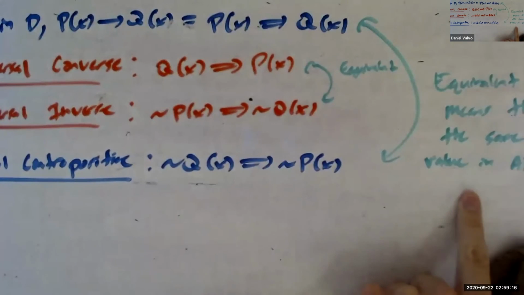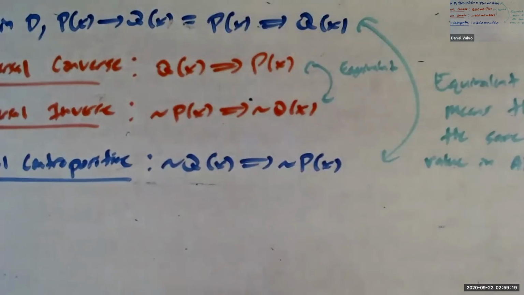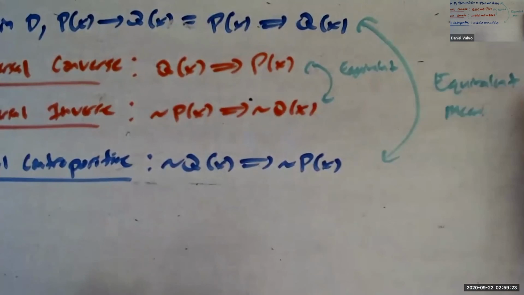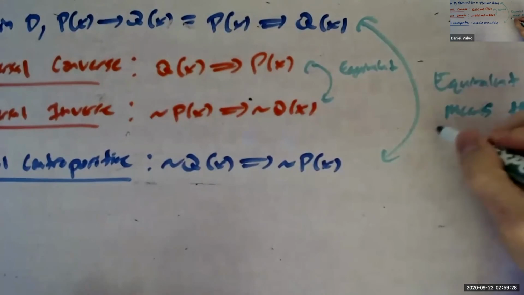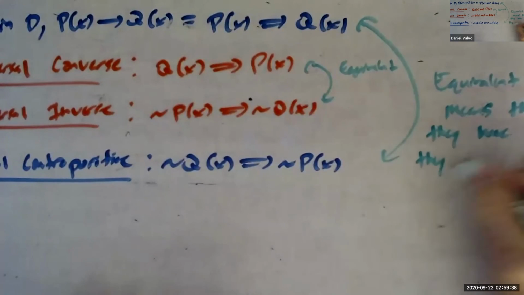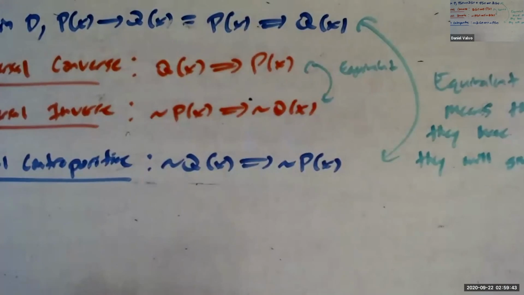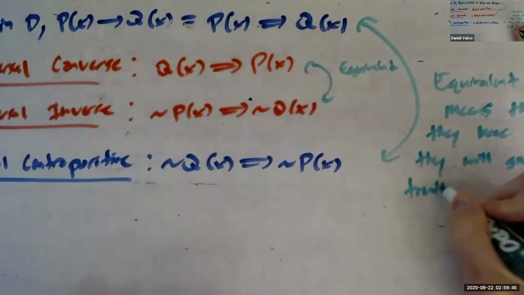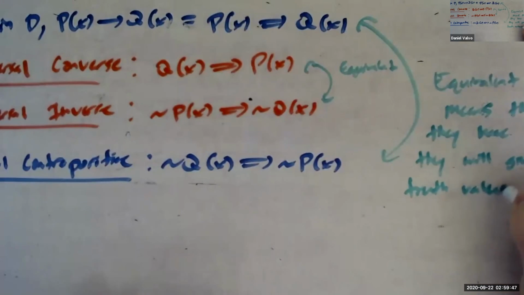I see this is confusing now. But anyway, it means that when they have the same domains, they will give the same truth value always.